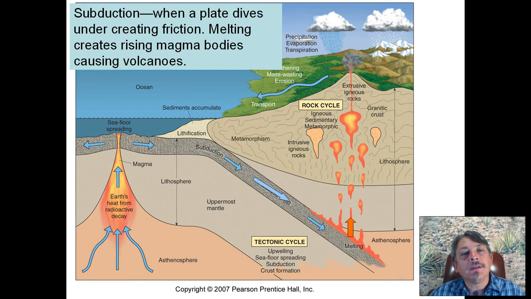The subduction, as you can see here, is the crust diving underneath. A melting takes place, and these bodies of magma start to move upward. They're called diapirs. And they move upward and cause an enormous release of gases, of heat, of ash, and occasionally actual lava flowing out on the surface.